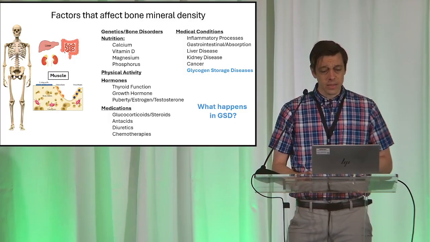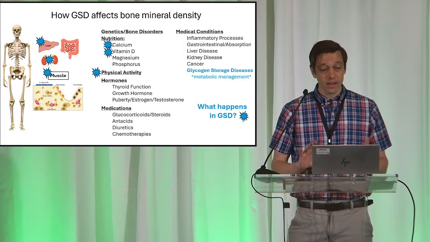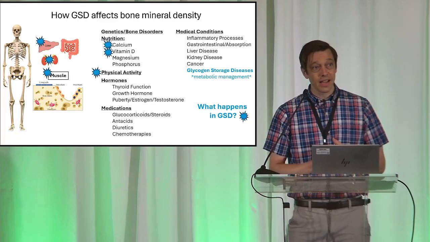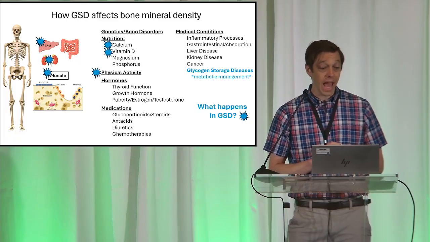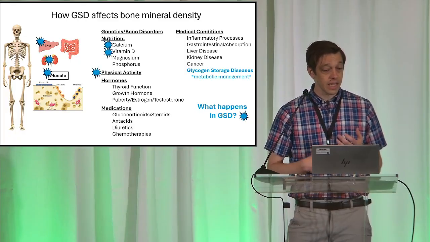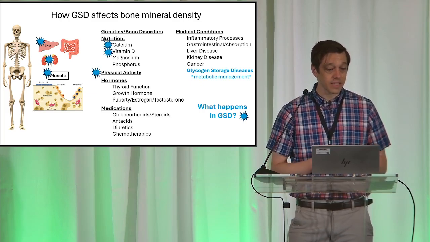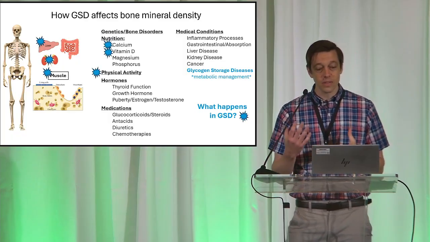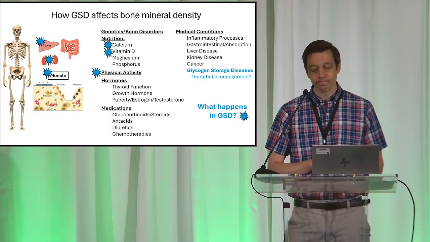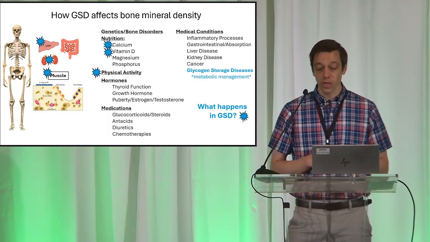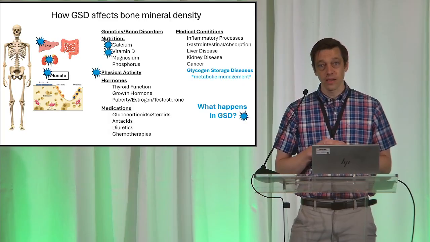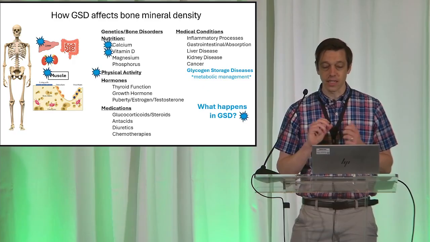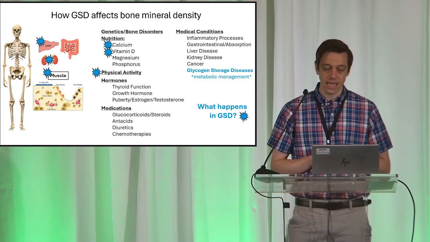Some of the key things we can see are that, depending on the flavor of GSD one may have, the liver, the kidney, and the muscle may all be affected to different degrees. These are all such important organs for optimizing bone health that we can think within each GSD about how each is affected and how best to take care of it.